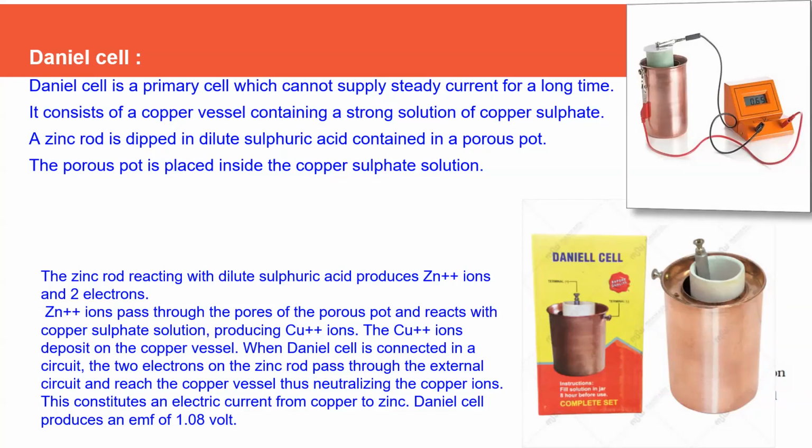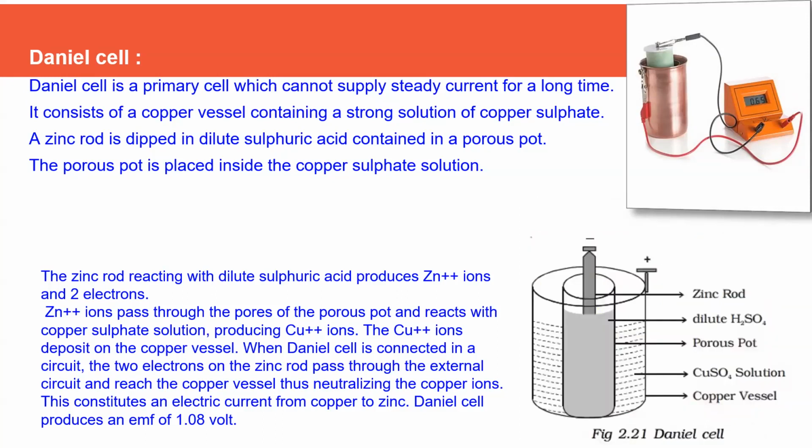The zinc rod reacting with dilute sulfuric acid produces zinc ions and 2 electrons, and the zinc ions pass through the pores of the porous pot and react with the copper sulfate solution, producing copper ions. What will these copper ions do? The copper ions get deposited on the copper vessel.